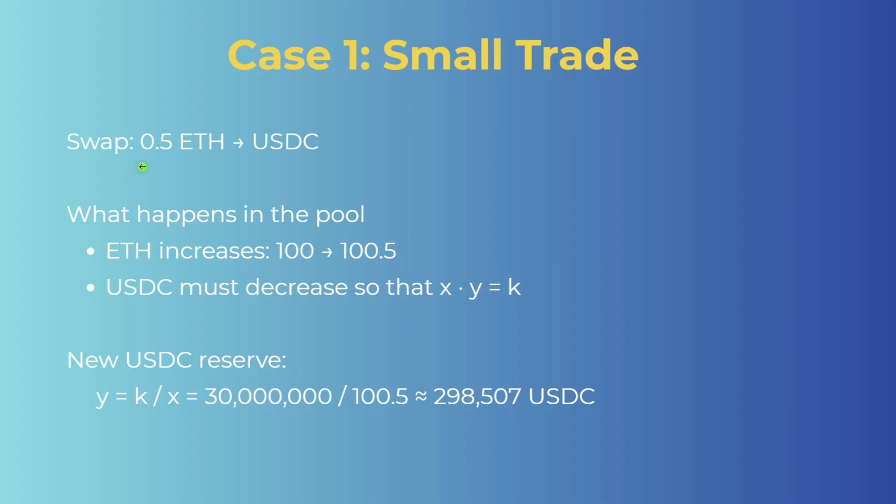But what happens in the pool is that when I want to make this swap, the first thing that we do is deposit this ETH into the pool. So the ETH balance in the pool increases from 100 to 100.5, and the USDC must decrease so that the product of the two balances is constant.